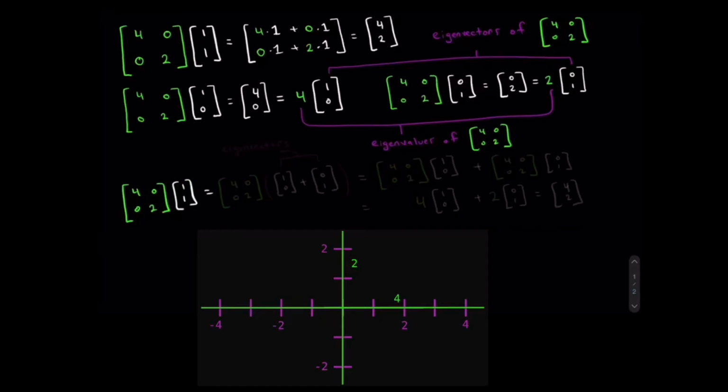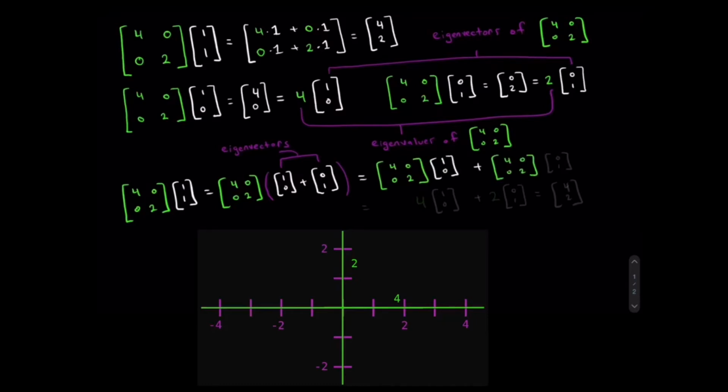If we look back at the image of 1, 1, you can decompose a vector into these eigenvectors. 1, 1 was really 1, 0 plus 0, 1. Now let's see how the matrix acts on individual eigenvectors. That explains why it did this weird twisting and rotating thing from before. It's just a combination of scaling along these different axes.